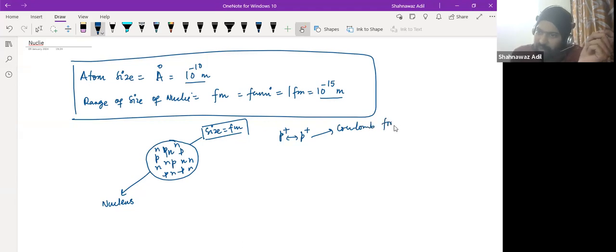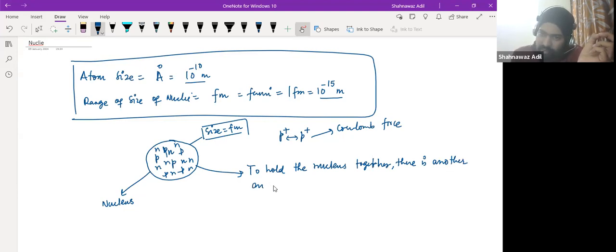But to hold these things together, to hold the nucleus together, there is another force, which is called nuclear force.